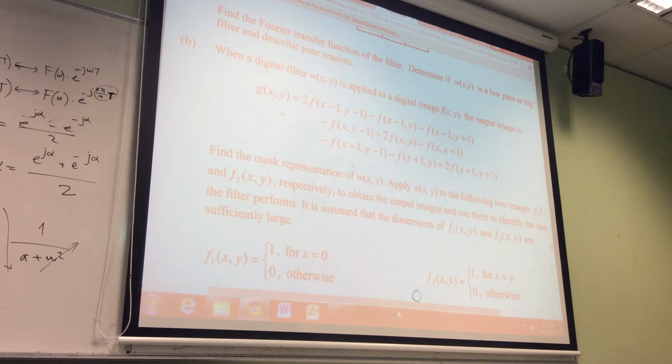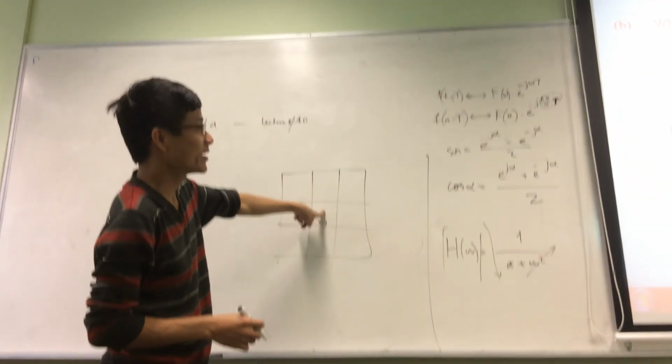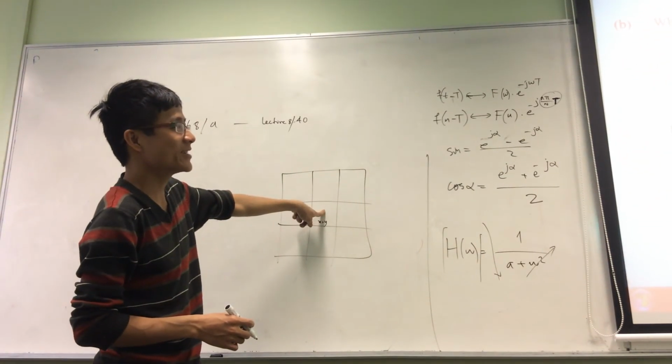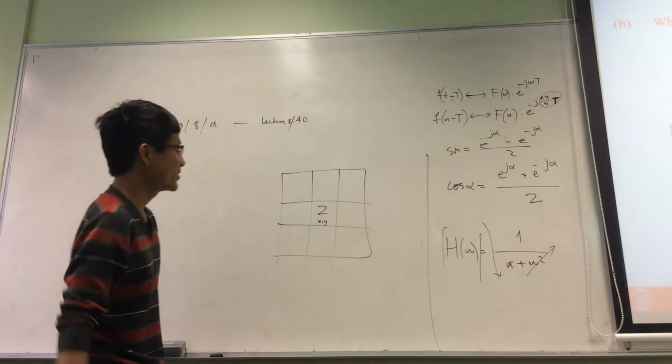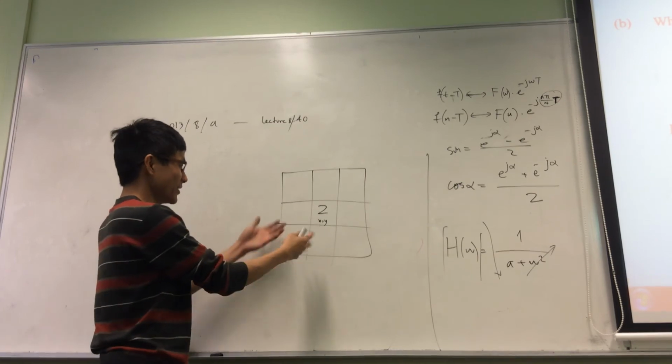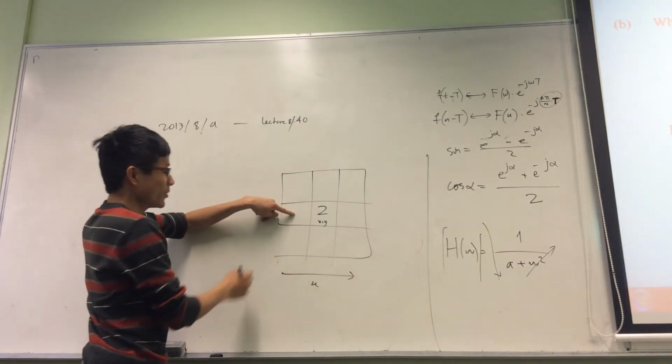This one is f(x,y). What is the matrix of f(x,y)? Where are x and y? Come on, you can see that. Final one, 2f(x,y). So what happens if you decrease the x and keep the y?